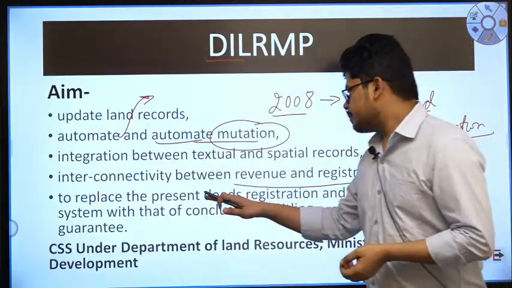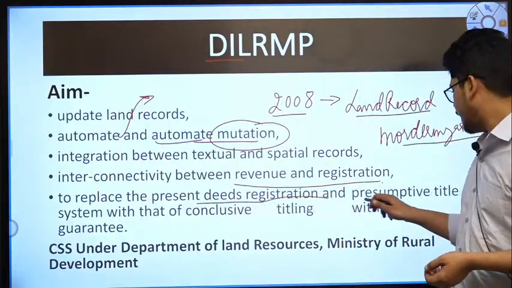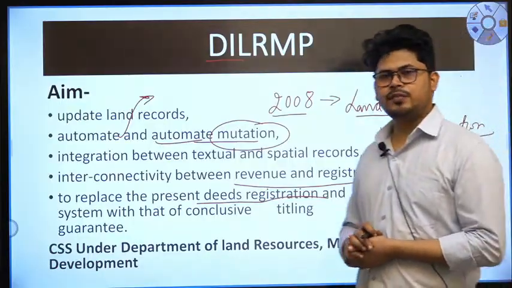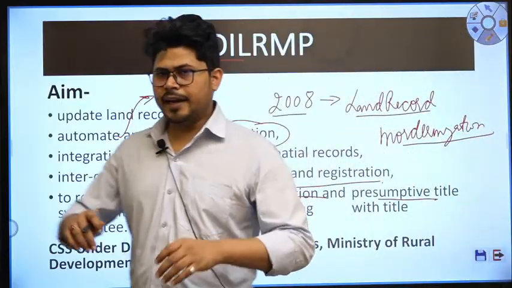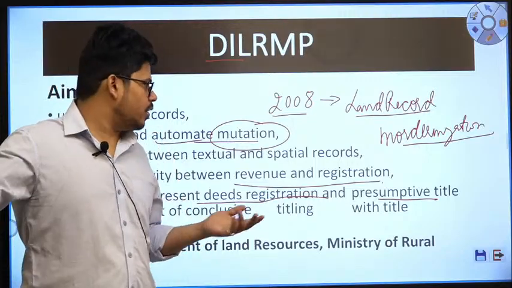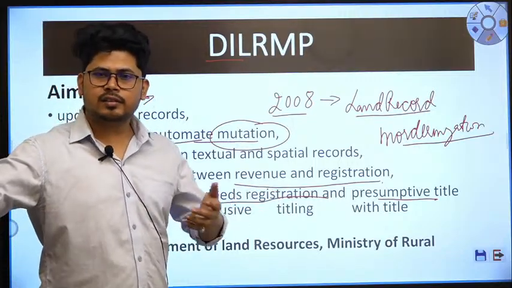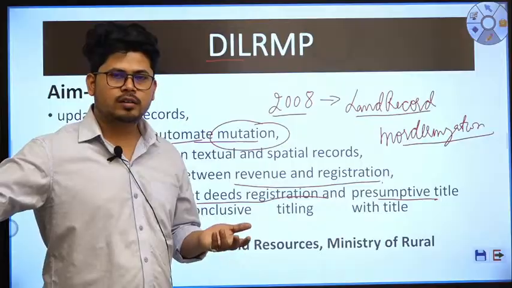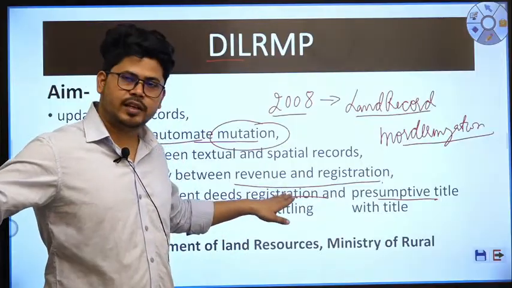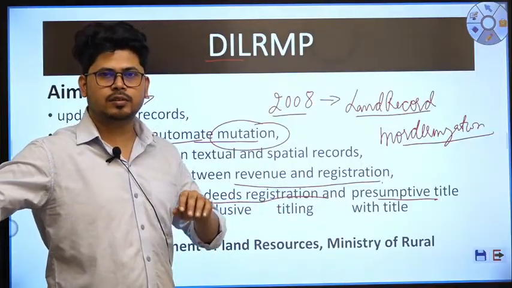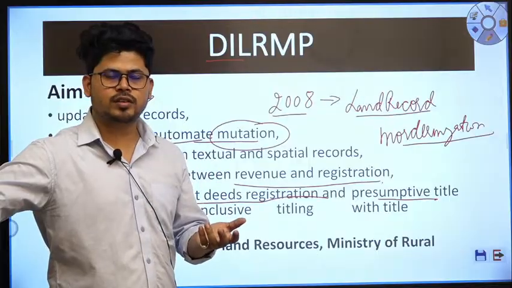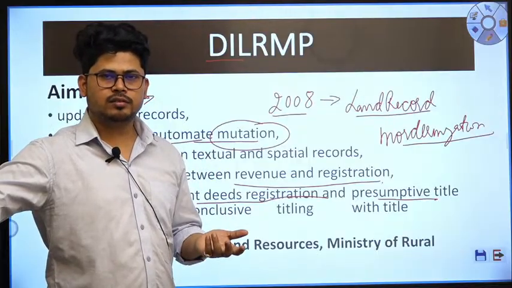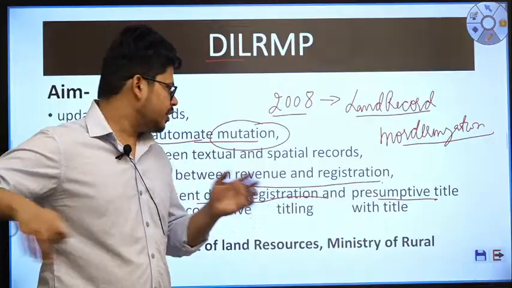To replace the present deeds, registration and presumptive title. Presumptive title means it is assumed that the right of records or the registration deeds are the papers that confer the title, the entitlement of the title of the land.